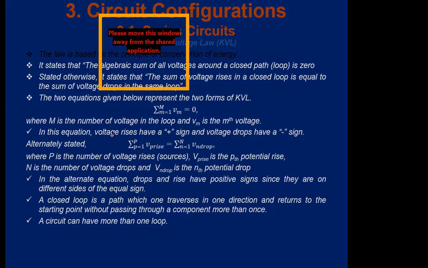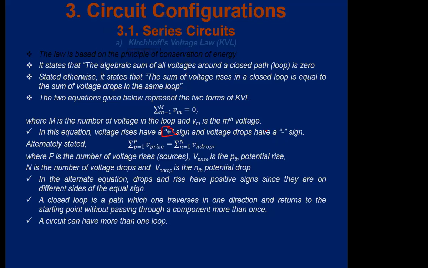So in this equation, voltage rises have a positive sign and voltage drops have a negative sign. So what will be our voltage rise? Remember, that will be the voltage on an active component. Voltage drops will be the voltages on the passive components. So the sum of rises should be equal to the sum of drops.